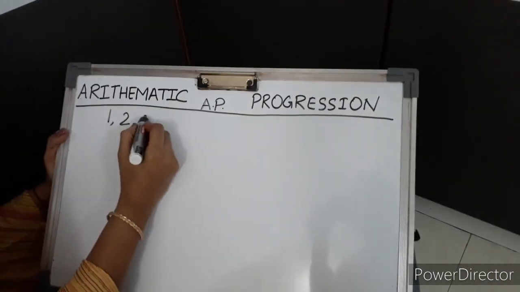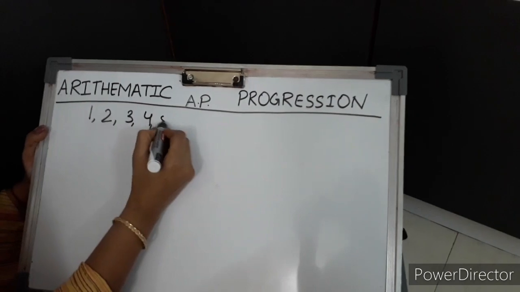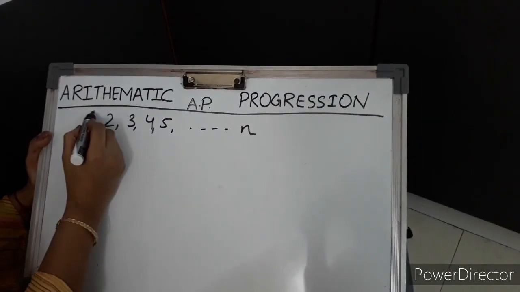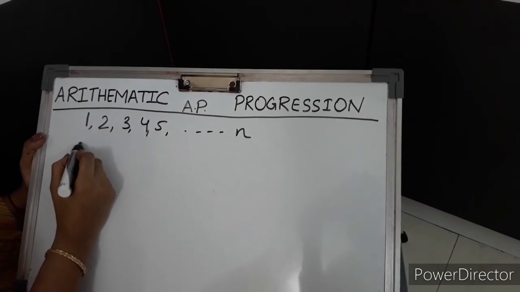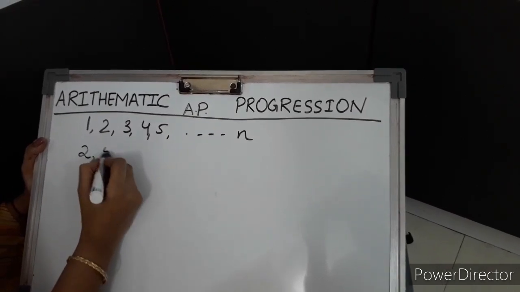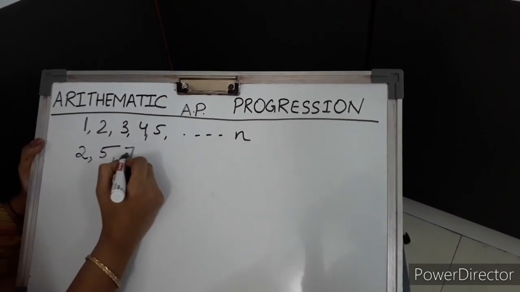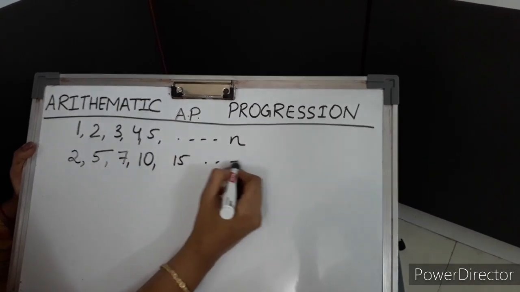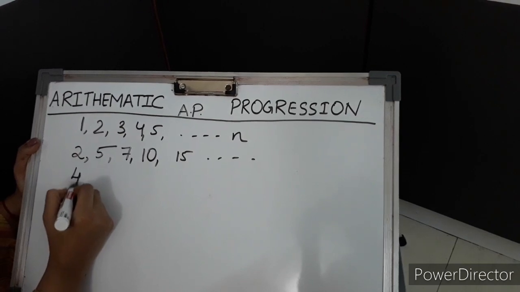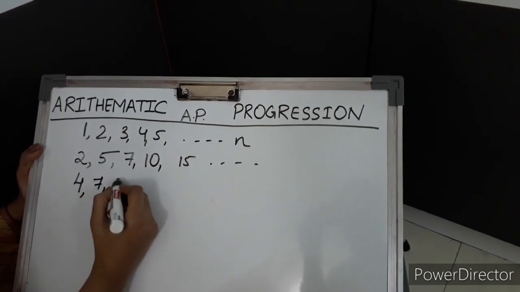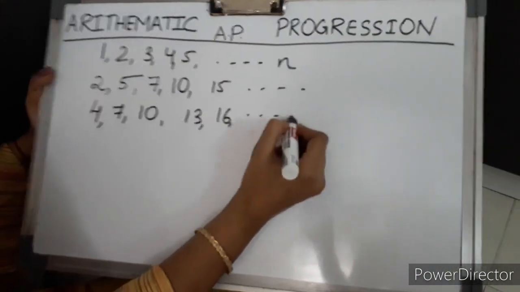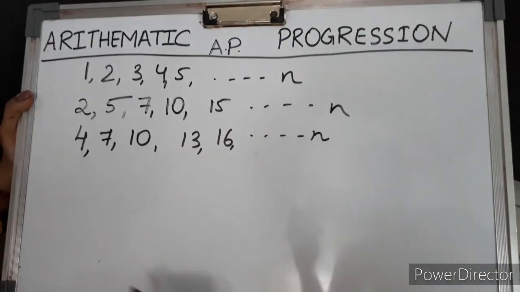Suppose we write numbers in a series: 1, 2, 3, 4, 5 and so on up to n terms. Suppose again we write a series randomly: 2, 5, 7, 10, 15 and so on. Again we write one series: 4, 7, 10, 13, 16 up to n terms.